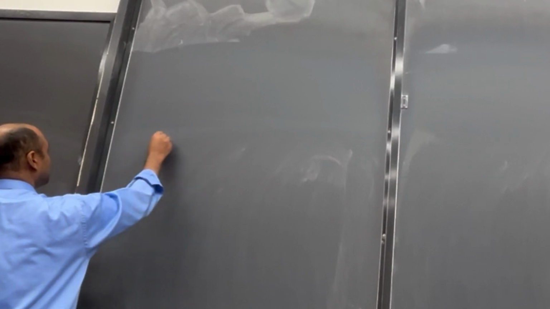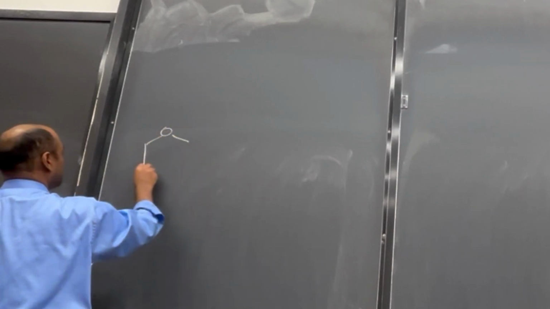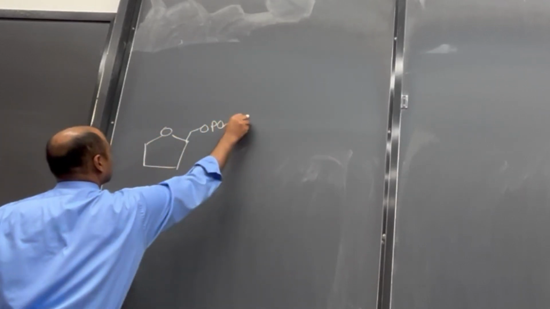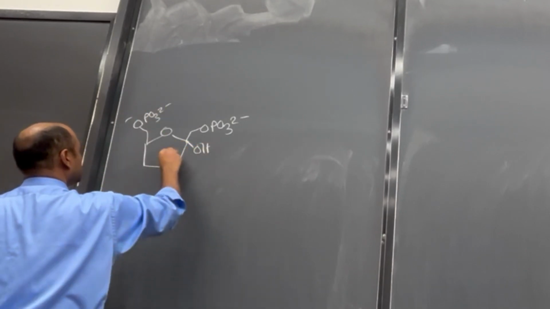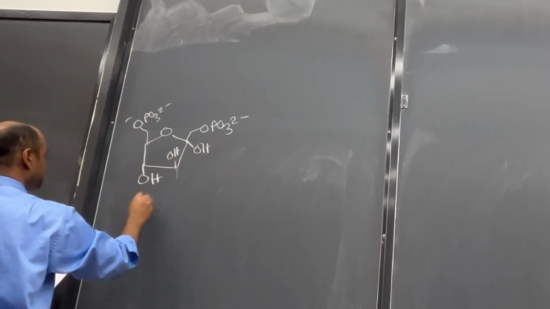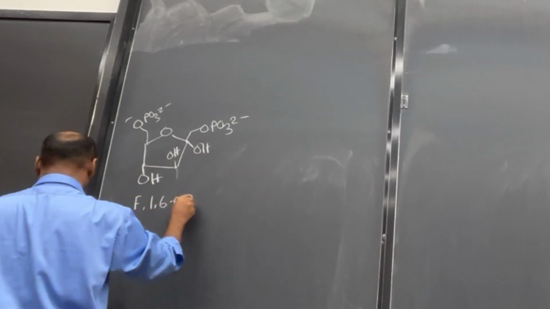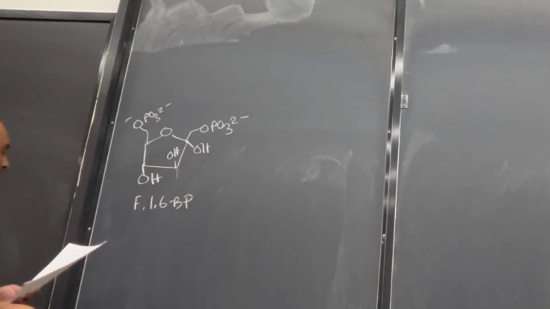So how do we handle that? We need to use some enzyme. So that's our F16BP, right?